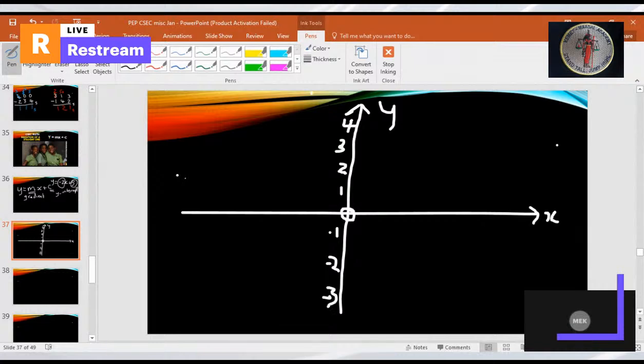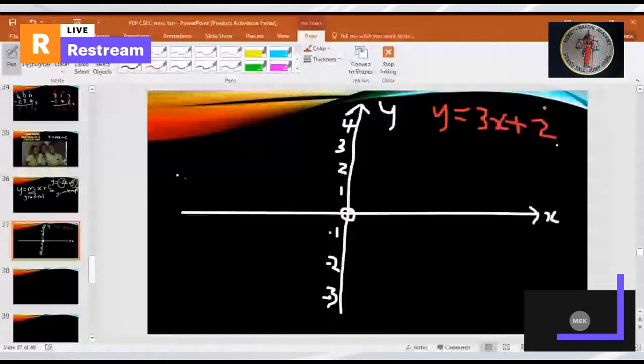So if we had a line, y equals 3x plus 2, the 2 out here, the y-intercept, tells you that the line would cut the y-axis right there, where y is 2.